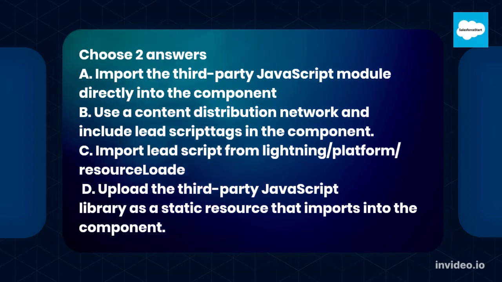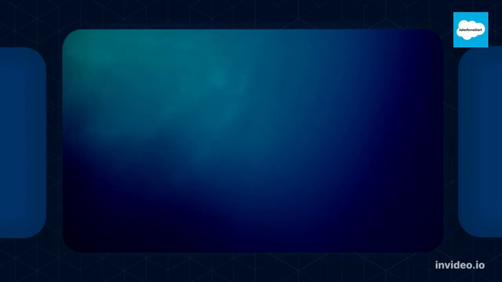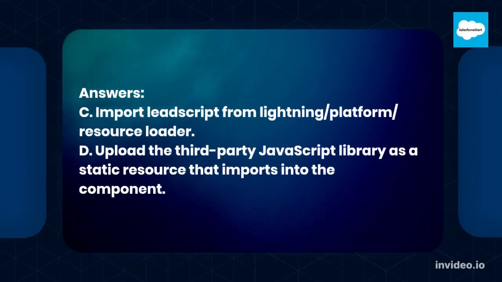C. Import loadScript from lightning/platformResourceLoader. D. Upload the third-party JavaScript library as a static resource that imports into the component. Answers: C. Import loadScript from lightning/platformResourceLoader. D. Upload the third-party JavaScript library as a static resource that imports into the component.